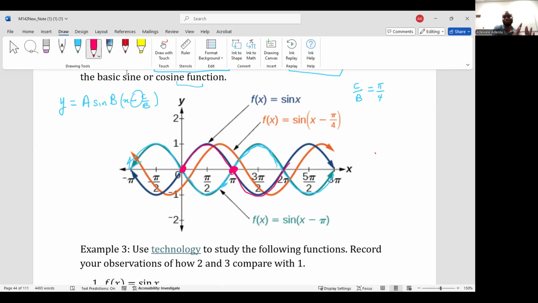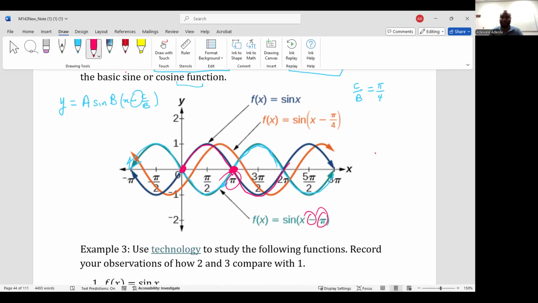So that point has been displaced, shifted horizontally to the right. Okay, now you know what that means. By what value now? By pi, because instead of starting from 0, it is now starting from pi. So we say it has been shifted to the right by what value? Pi. So we have it here, pi.